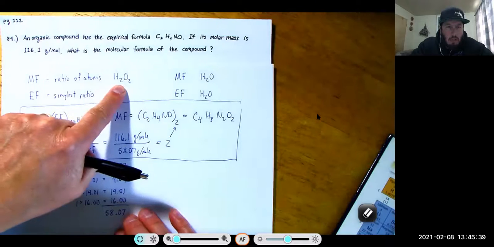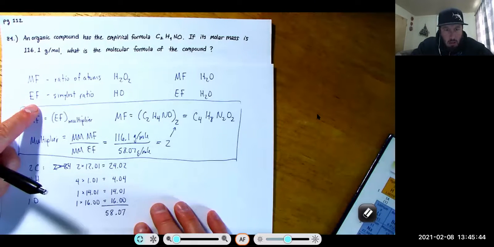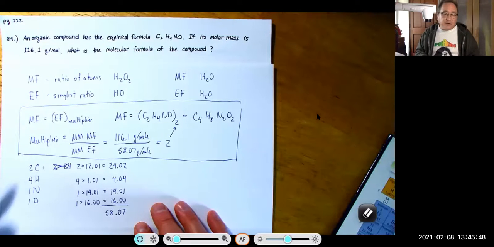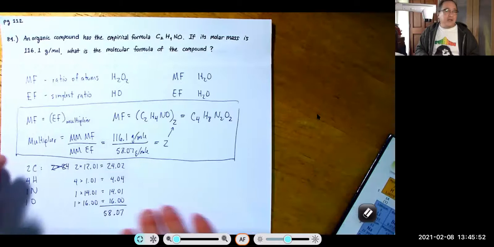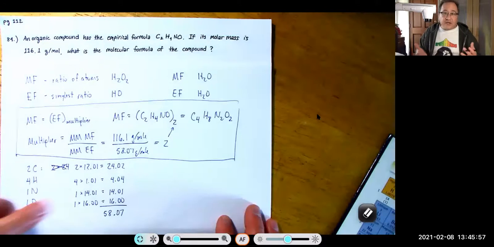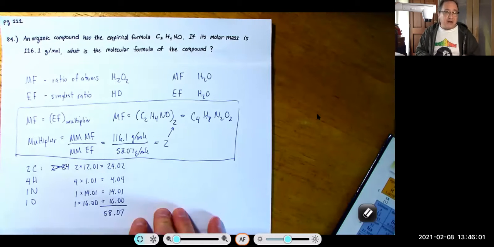So if it was the EF of hydrogen peroxide, it would just be HO. Is that correct? Empirical formula. Okay. Empirical means found by experimentation, and by experimentation, you wouldn't actually find that it's 2 to 2. You'd find that the ratio is 1 to 1. When you do these experiments, you find the ratio, not how many.